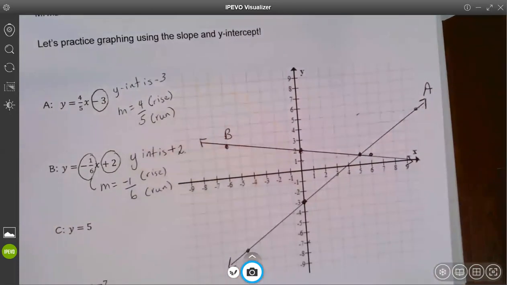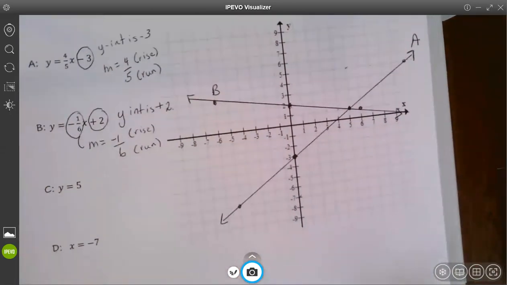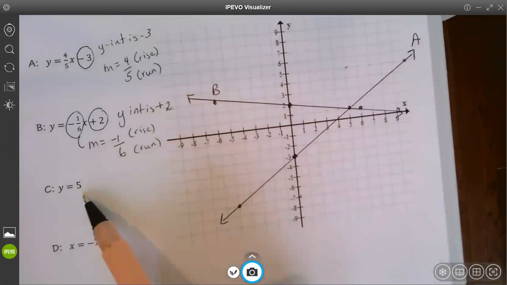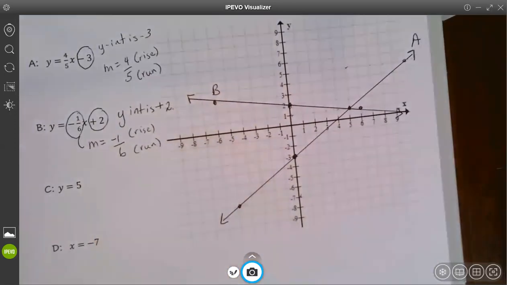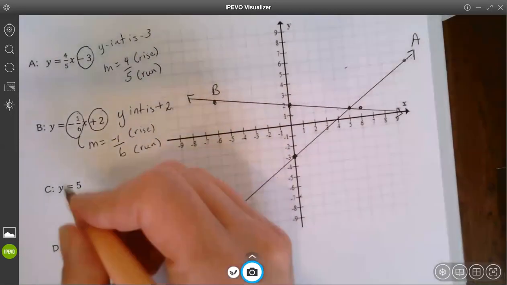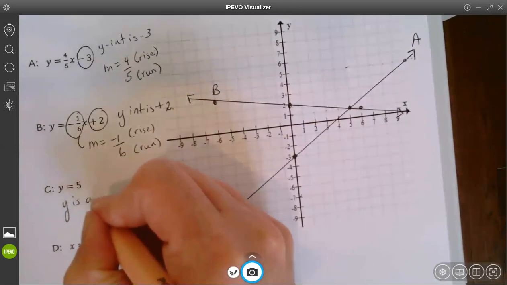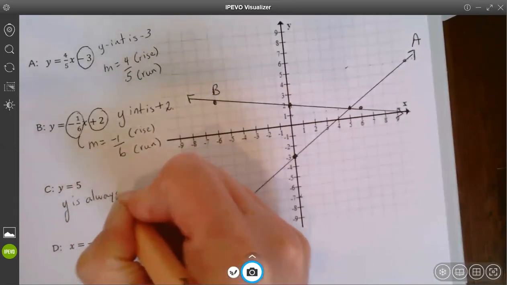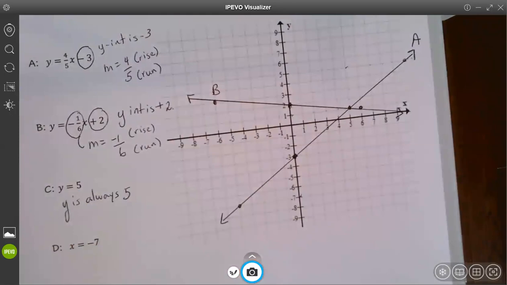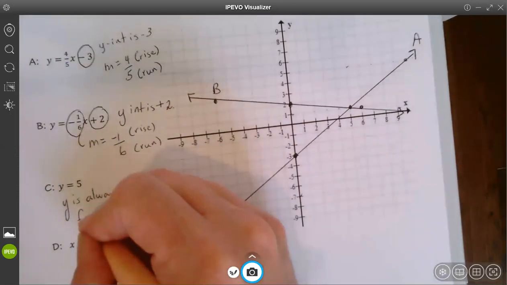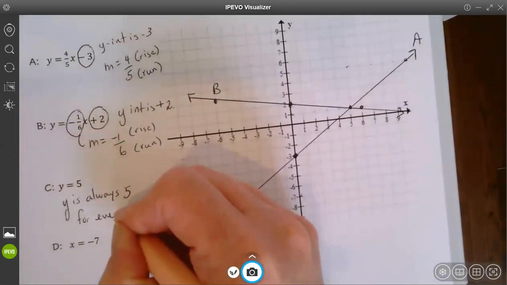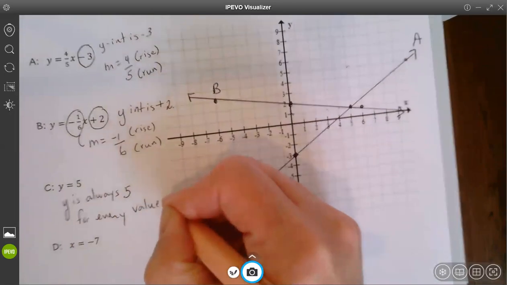And now we get into some interesting questions. Part C, y equals 5. This means y is always 5. No matter what the x value is, y is always 5 for every value of x.